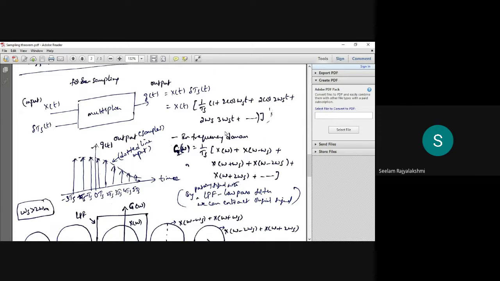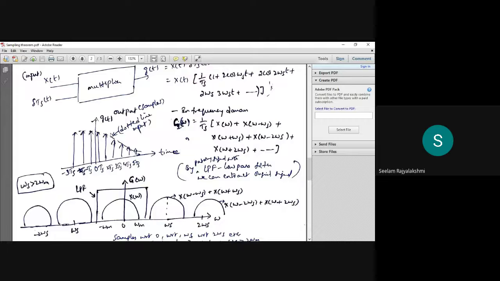In the frequency domain, g of omega equals 1 by Ts into x of omega plus x of omega minus omega s plus x of omega plus omega s plus x of omega minus 2 omega s plus x of omega plus 2 omega s, plus so on. This is how we write g of omega in the frequency domain.